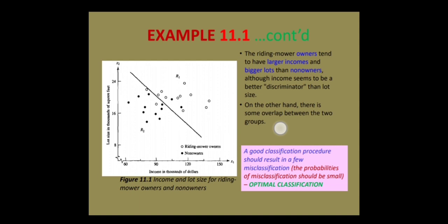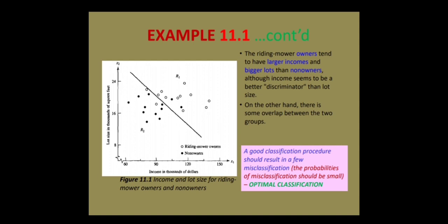Okay, so from here, what we can do is a good classification procedure. It should result in few misclassifications. We want the probability of misclassification to be small. This is called optimal classification.